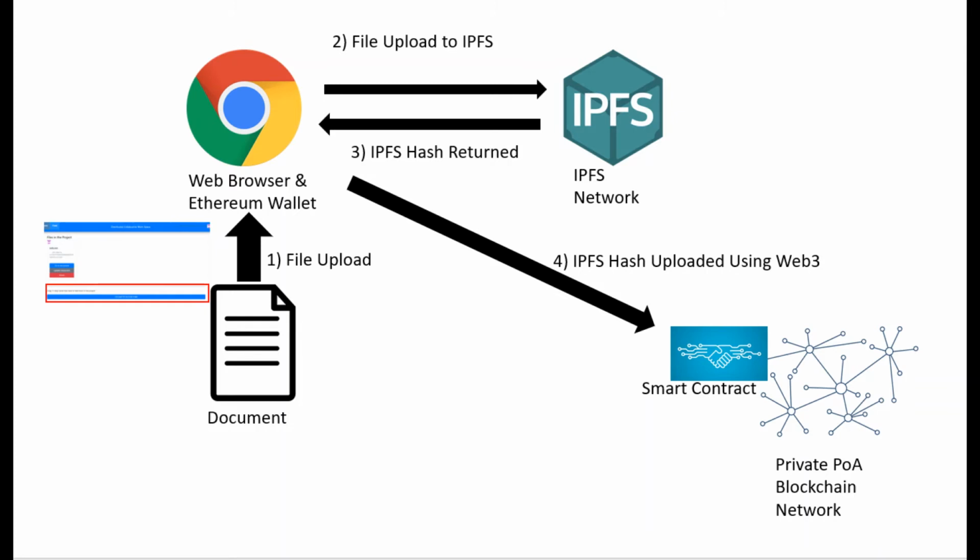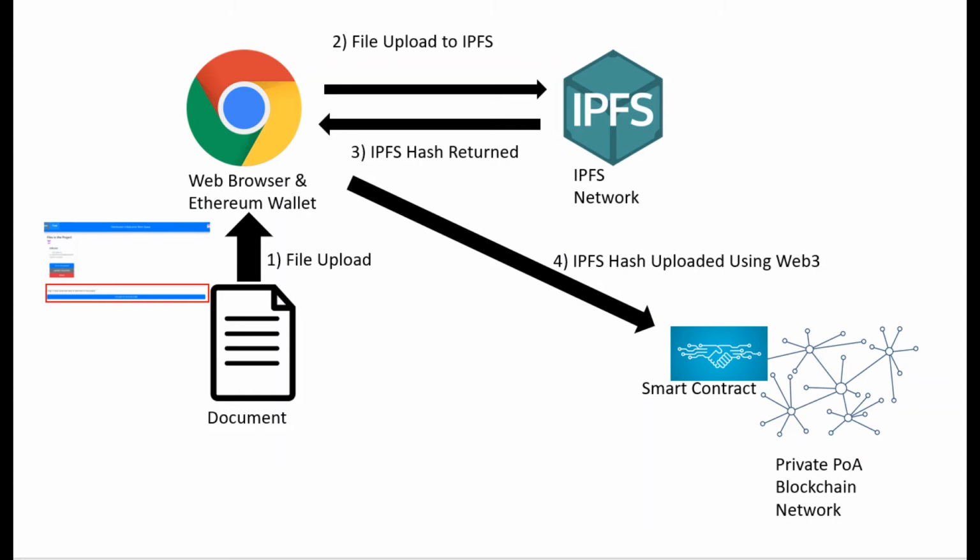This project uses a system called the Interplanetary File Storage System. This system stores files in a decentralized fashion by hosting different parts of the documents within different nodes in the network. A hash is then assigned to the document in the IPFS network, and the hash is later used to reassemble the file again. This diagram shows the flow of uploading a document within the application.